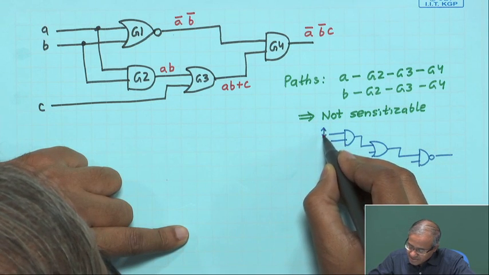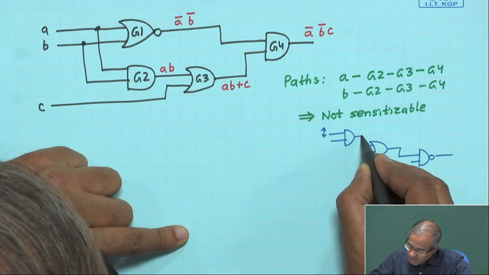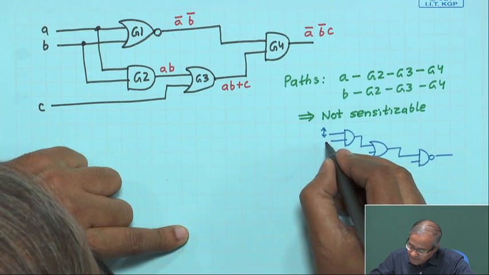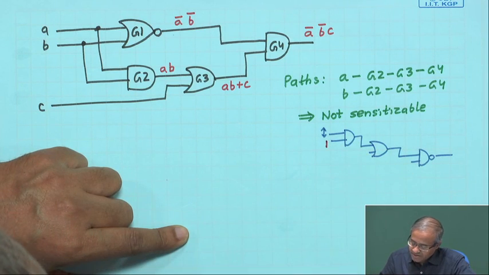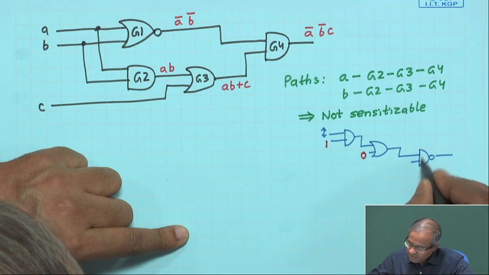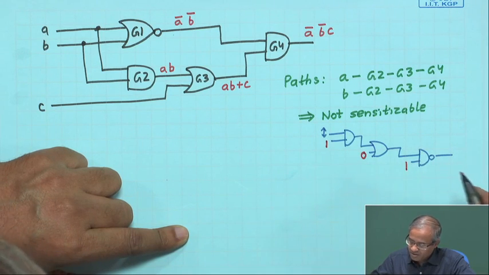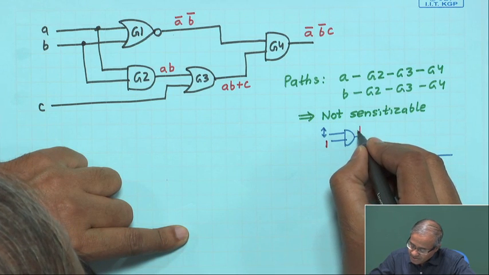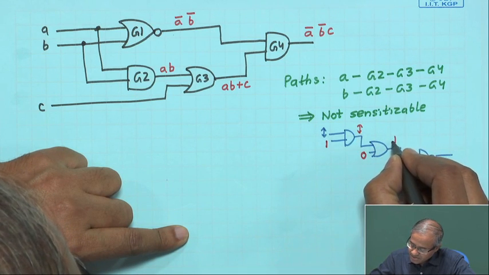The transition will come to the output of this AND gate if I apply a 1 at this input. For an OR gate I have to apply a 0, for a NAND gate again I have to apply a 1. This will ensure that these transitions will propagate.